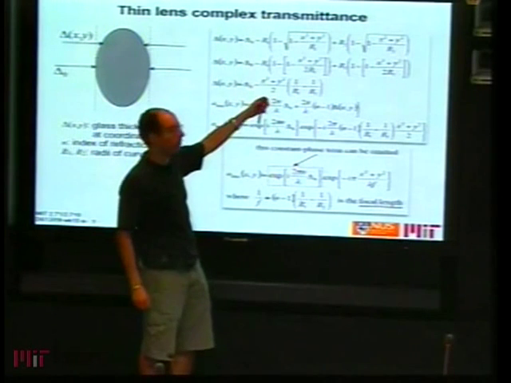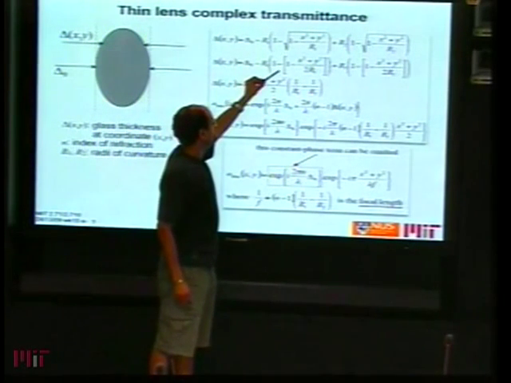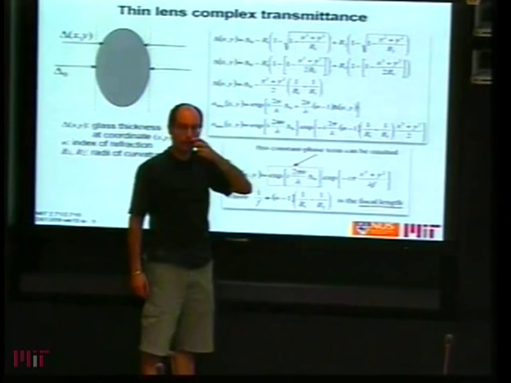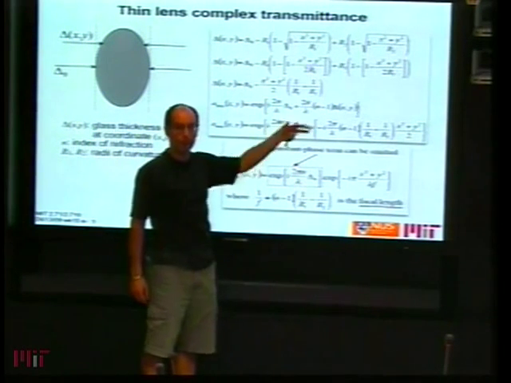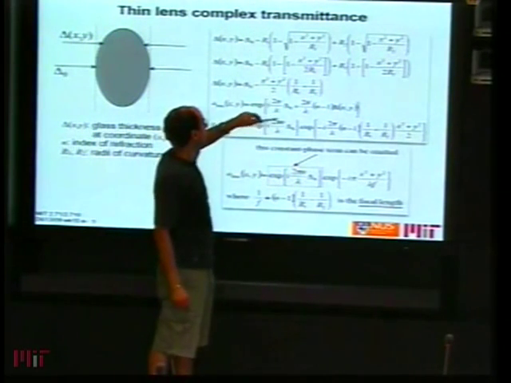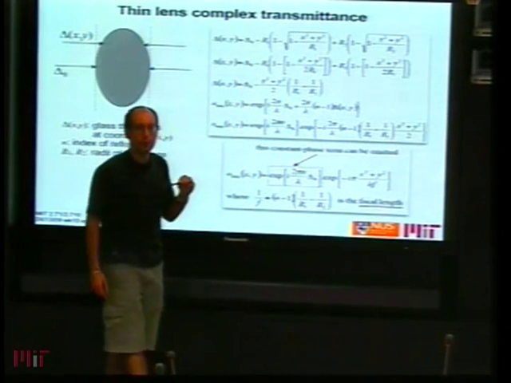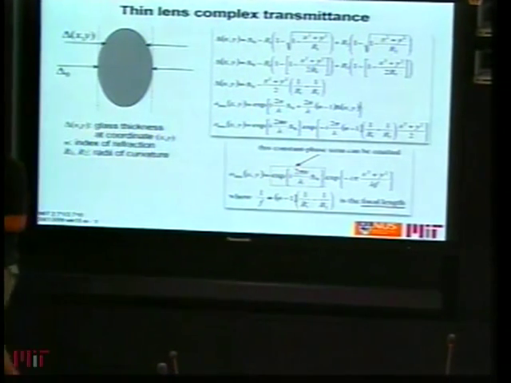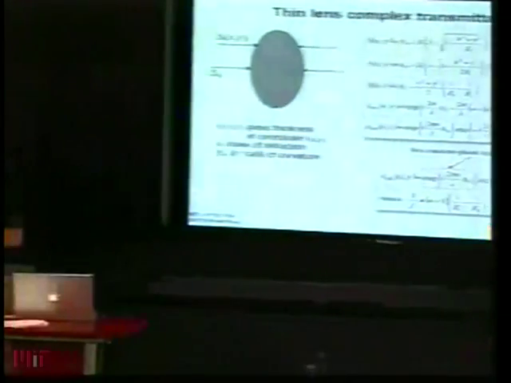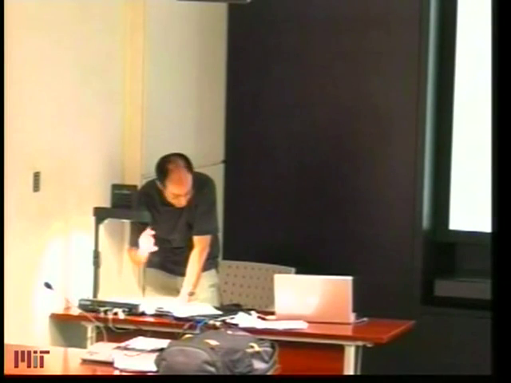It is a scan from my own notes from last year. But anyway, it is verbatim copied from Goodman, and you can see that I replaced the square root with the Taylor expansion. So it is the paraxial approximation, and the result that you get, which is what I really wanted to do, is something that looks like this.